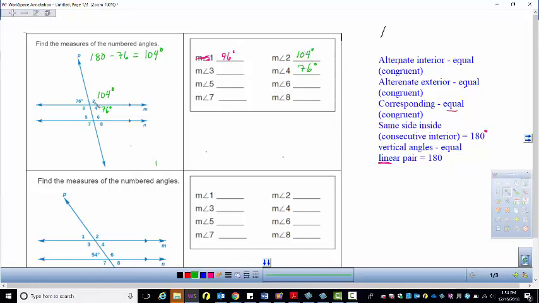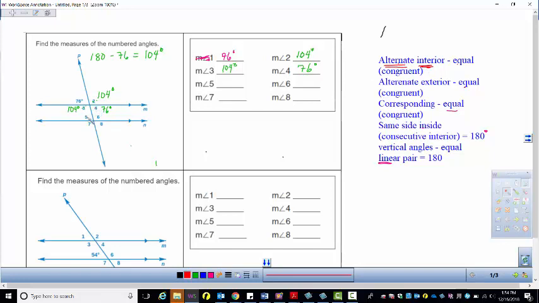So now I know that angle 2 and angle 3 are vertical. So this one is also 104, angle 3. So now that I have that, I have to use one of my special pairs over here. So I'm going to start with just using alternate interior. So they're on opposite sides.